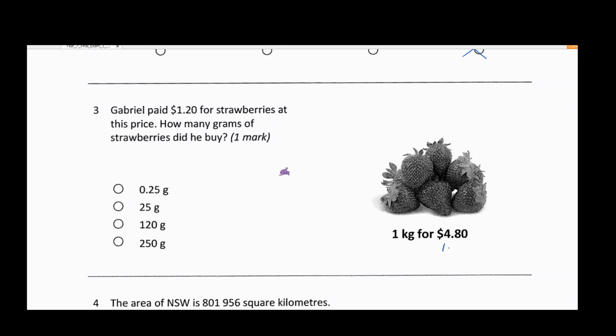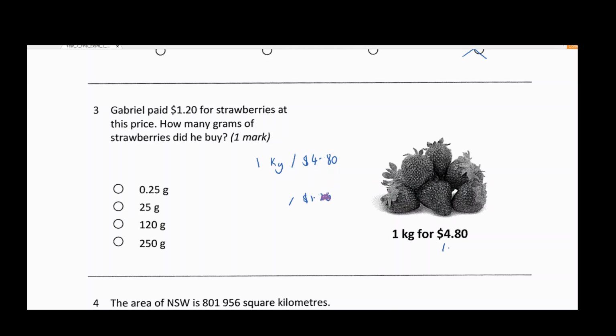So let's have a look at this. So if you paid, it's 1 kilogram per $4.80. So he paid $1.20. Okay, so to make 4.80 become $1.20.